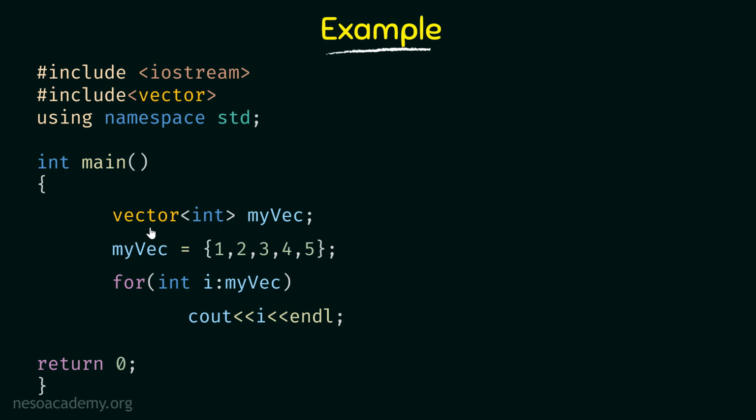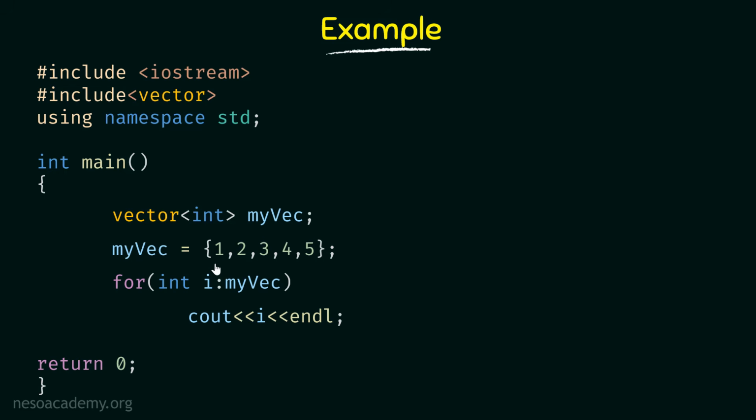So it is a template that is going to hold integer type objects, and then the name of the vector is myvec. And in this myvec, I am storing these integer values 1, 2, 3, 4, 5. So we see we have to put it in curly braces, and each of the values are separated by comma. Okay, so we see that this vector is holding integer values.